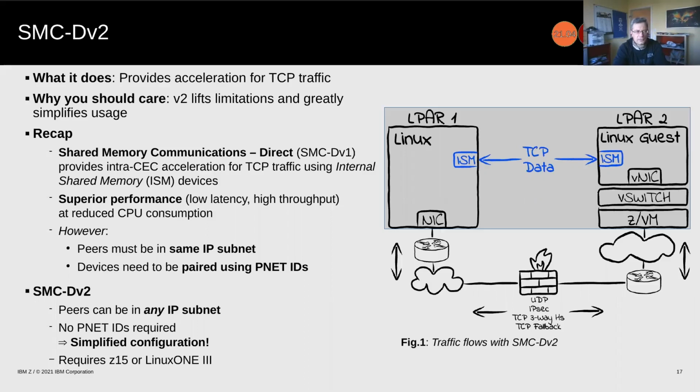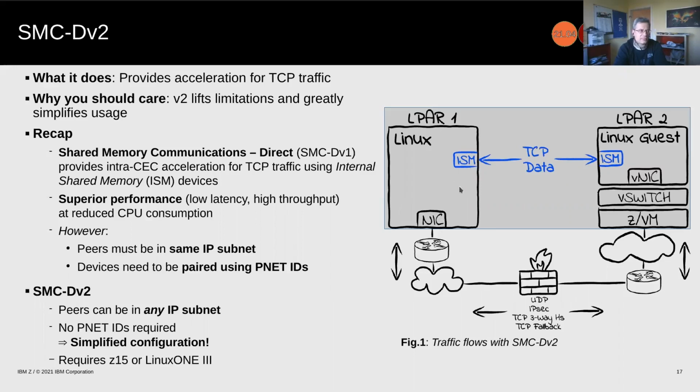Another area where we greatly improved SMCD in the second release is configuration. Previously, you had to fumble with something called PNet IDs, which is a concept where you're basically assigning some attributes to your NIC and then the same value to your ISM device. So the two would be logically paired.